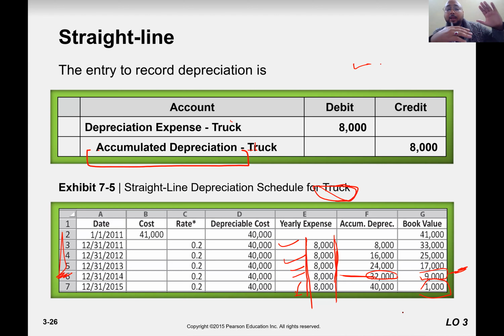So we create accumulated depreciation so that we know how much of the assets in this overall business we have consumed. Or, to put it into a very nice accounting definition, how much these assets have been used to generate the revenue.